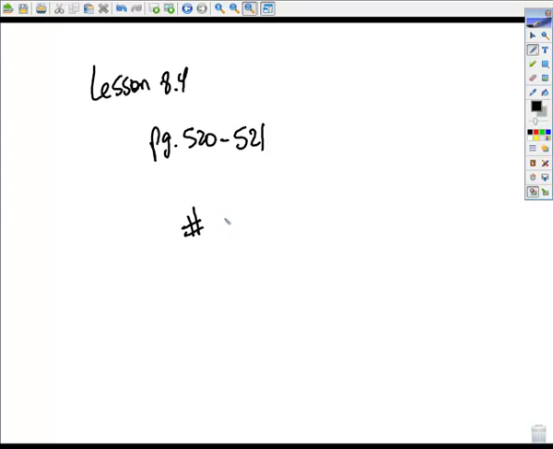Problems 4 to 48 even. And then I've got 4 story problems for you. It's 51, 52, 54, and 55. Make sure that you read the directions with 54 and 55. It's still the vertical motion model, but they're going to give it to you in meters per second instead of feet per second, and so the model is a little bit different.